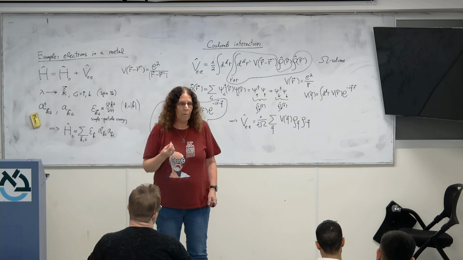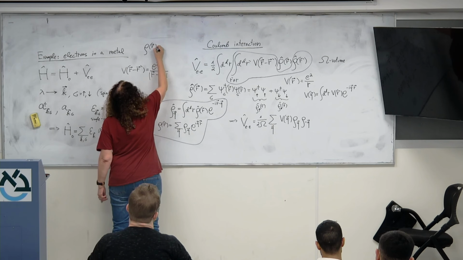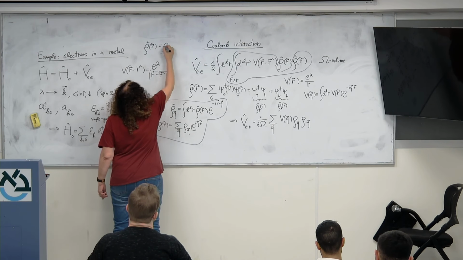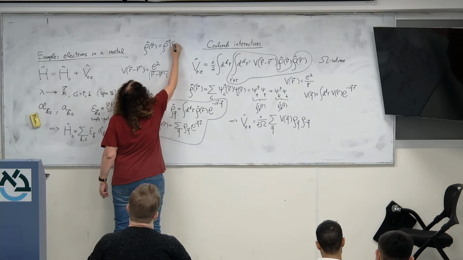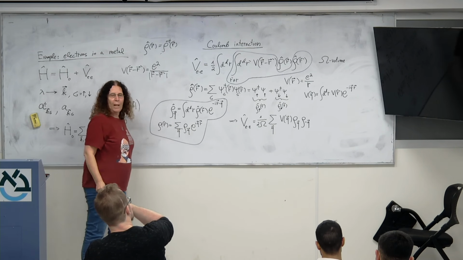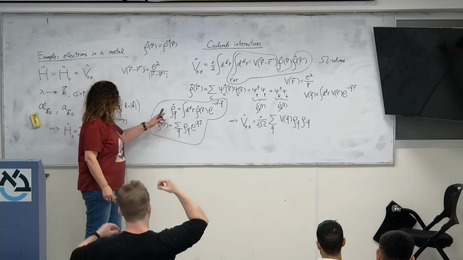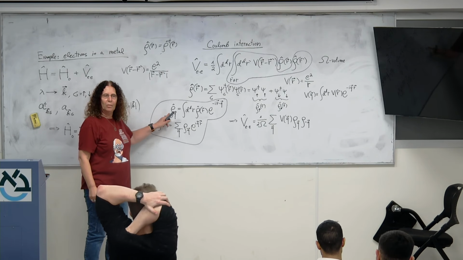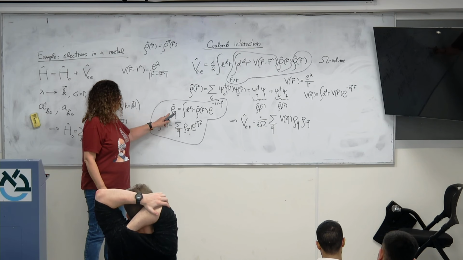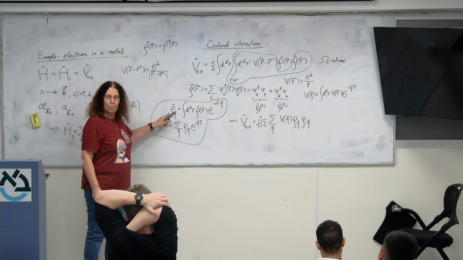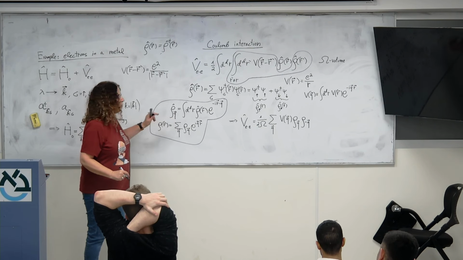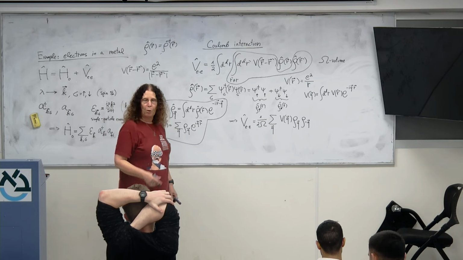It describes something of physical significance. So rho of R is equal to its dagger. It's Hermitian. For that reason, what can we say about rho Q? Rho Q equals rho of minus Q dagger. Exactly, that's right.